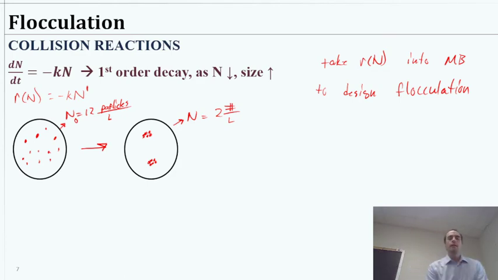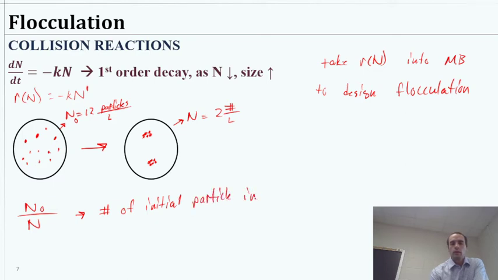And that is, if we take a look at how we're describing n and n naught, we can say that the initial amount of particles per volume divided by the final amount of particles per volume is essentially going to give us the number of initial particles in each final particle. So this is going to be the number of initial particles in each, I'm going to call them aggregate.